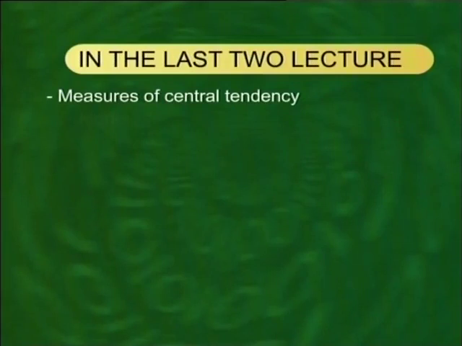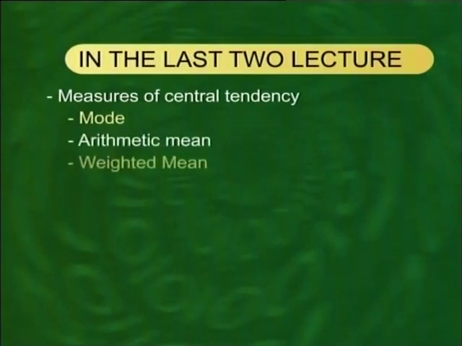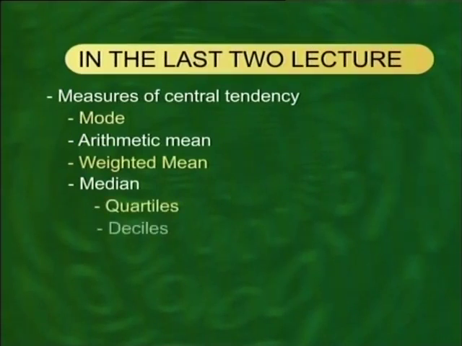We started from the mode, we went on to the arithmetic mean and the weighted mean, and after that we discussed the median. उसके बाद आपको याद होगा कि मीडियन में जो पार्टीशनिंग का कॉन्सेप्ट इन्वॉल्व्ड है, उस कॉन्सेप्ट को हमने आगे बढ़ाया एंड आई टॉक्ड अबाउट द क्वार्टाइल्स, डिसाइल्स एंड परसेंटाइल्स.